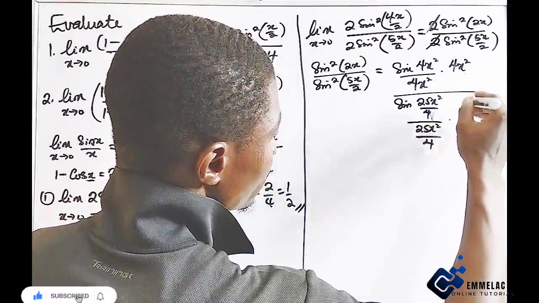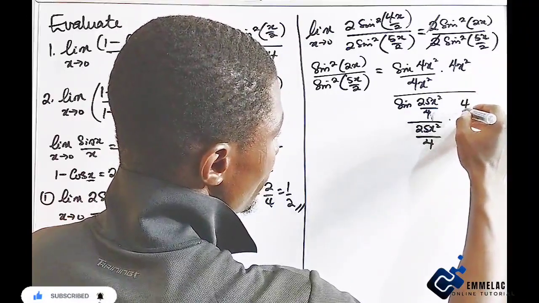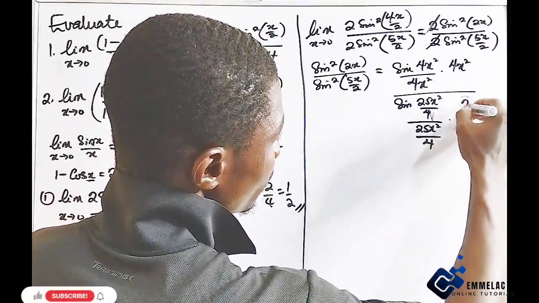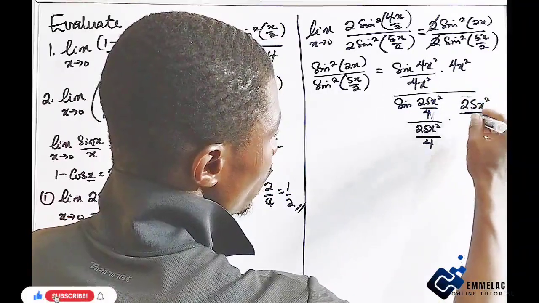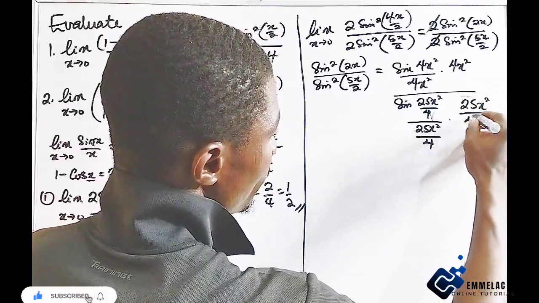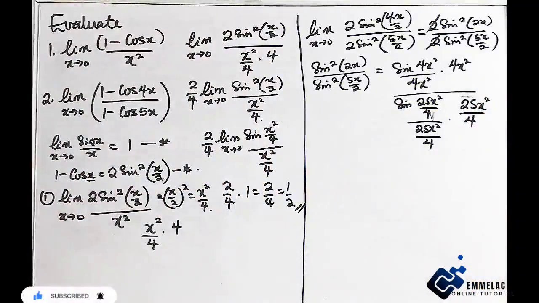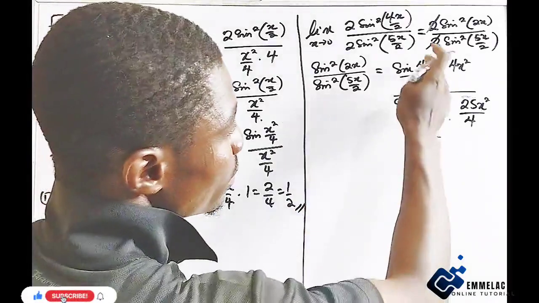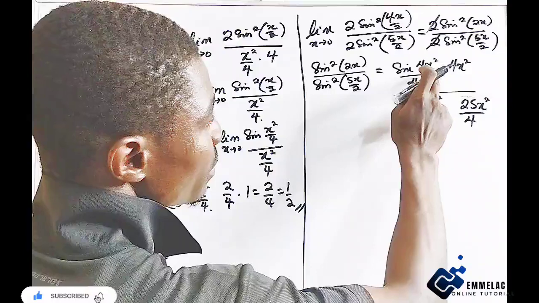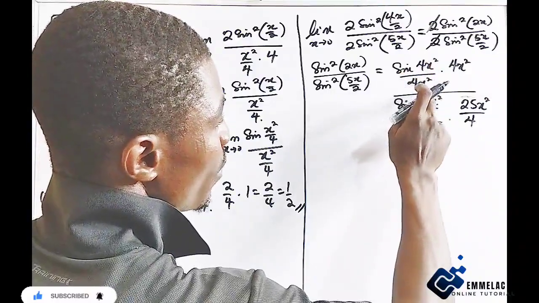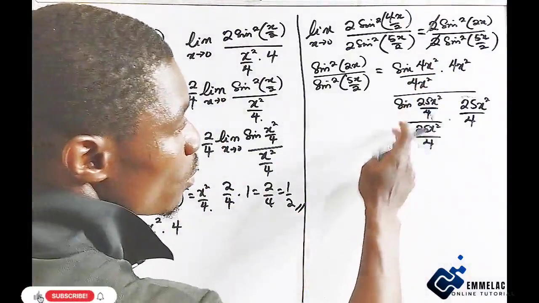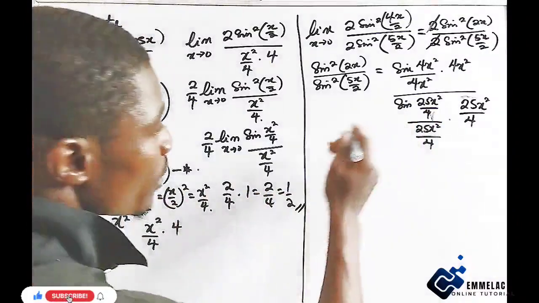Now take note, this function, sine 4x raised power 2 over 4x raised power 2, same thing as here, as x tends to 0 equals 1, so the whole of this also will be 1. So you can bring it out here.